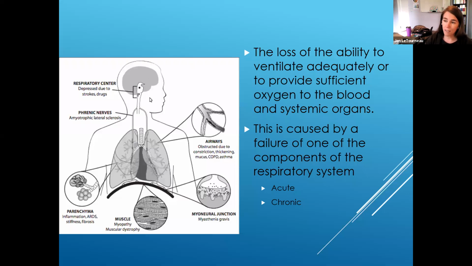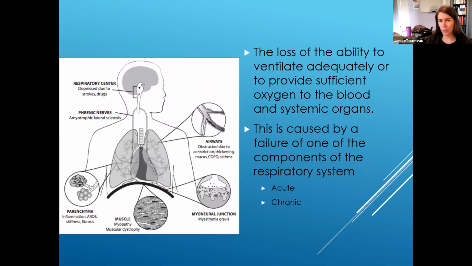So in the brain, the respiratory center activates the phrenic nerves, which makes your diaphragm, intercostal muscles, scalenes move, and then your lungs expand. You have airways, alveoli, parenchyma, and the myoneural junction. There could be problems in every part of this pathway.